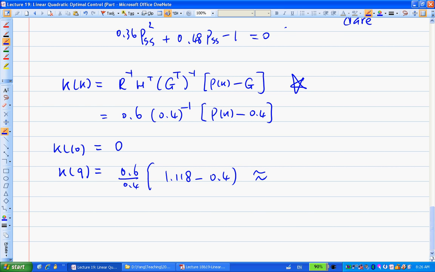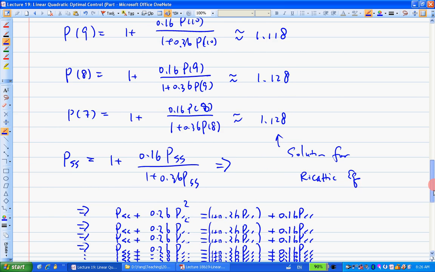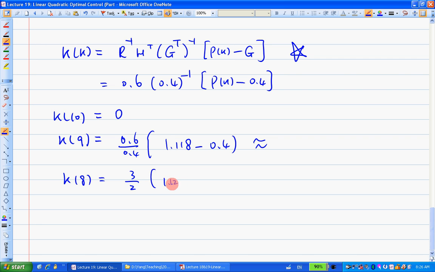So what does that give us? You're going to have to use a calculator now. So that's 3 over 2, and then this is 0.128 minus 0.4, and K7.